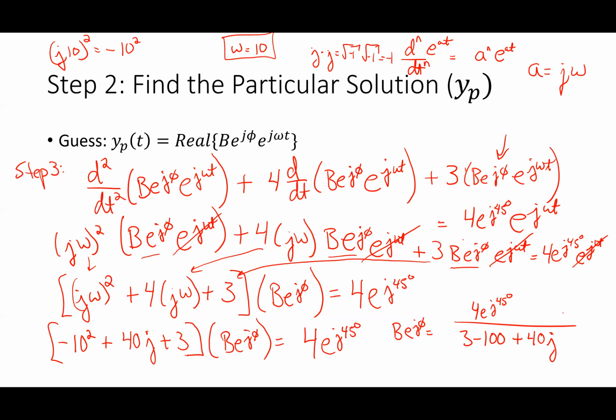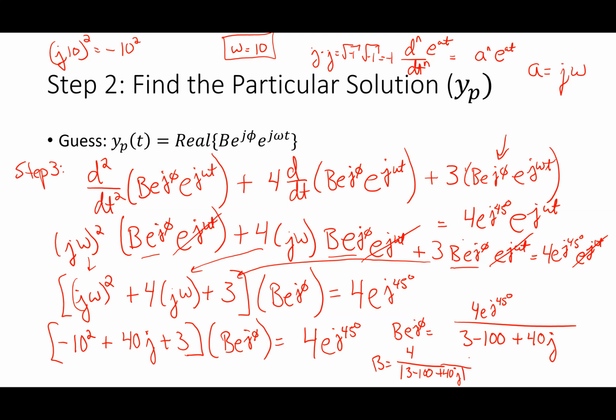That to me is actually two equations. If I take the magnitude of both sides, I'm going to have b equals 4 divided by the magnitude at the bottom, so 3 minus 100 plus 40j. That's one equation.